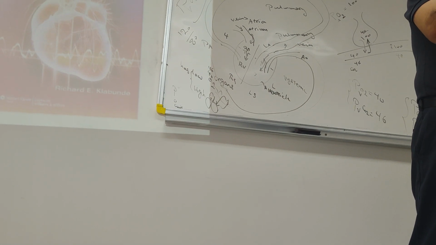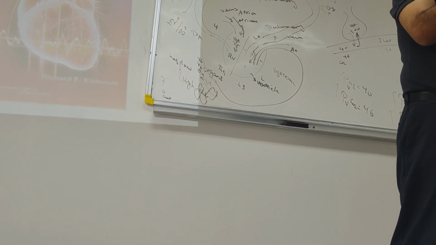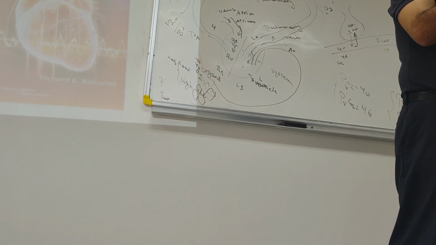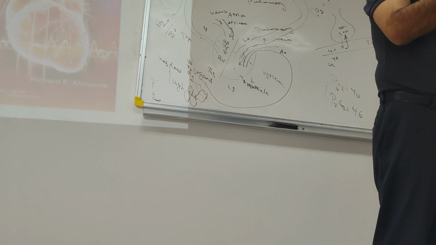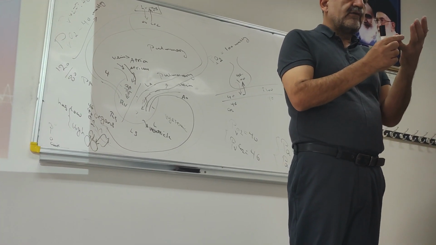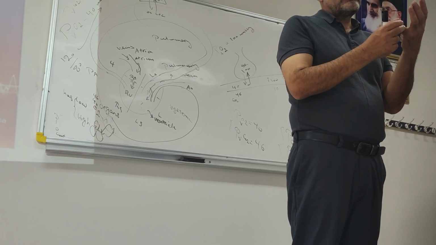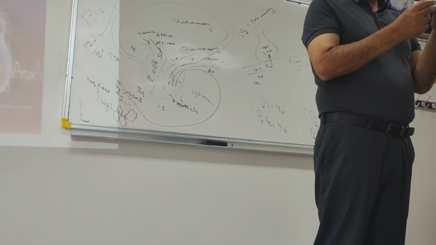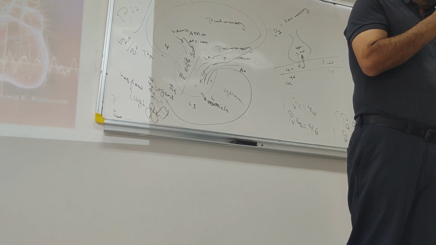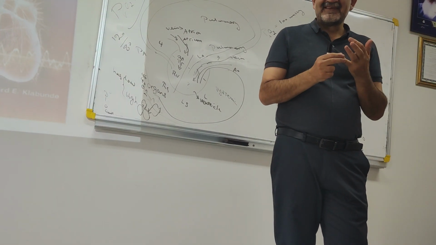And this one goes to the gastrointestinal system, to various organs. So my question was, this branch that goes to the heart and nourishes the heart, what is it called?